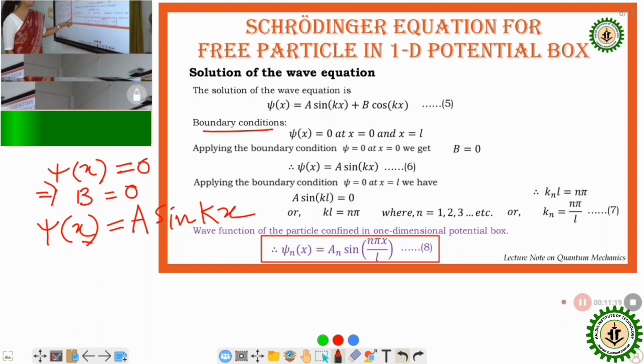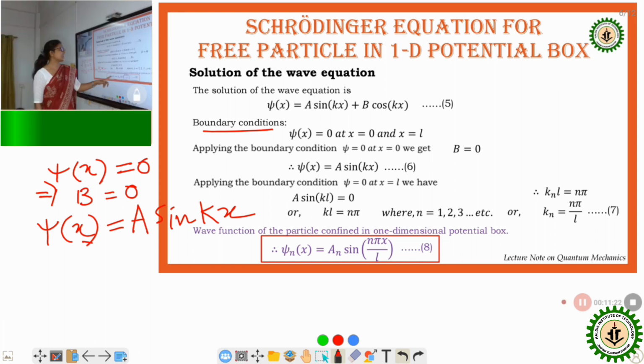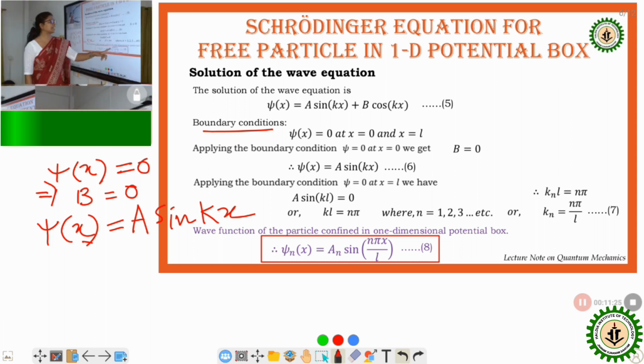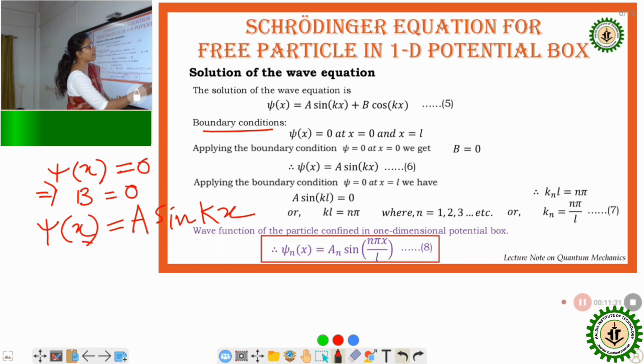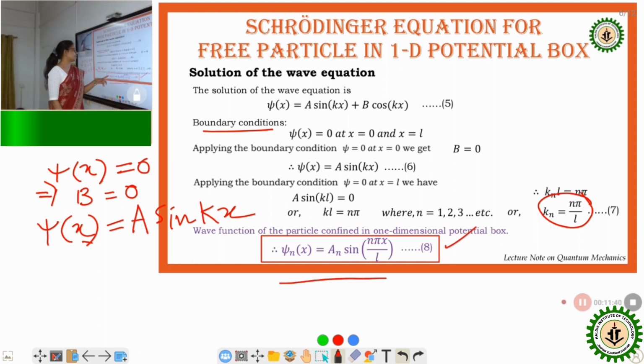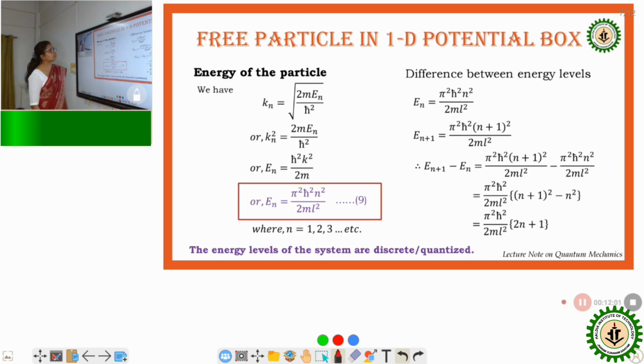So the wave function becomes psi of x equals a sin n pi x by L, because if you put the value of k as n pi by L, then you can write expression 8, psi n of x equals a n sin n pi x by L. This expression 8 gives you the wave function for the particle in a one-dimensional box.